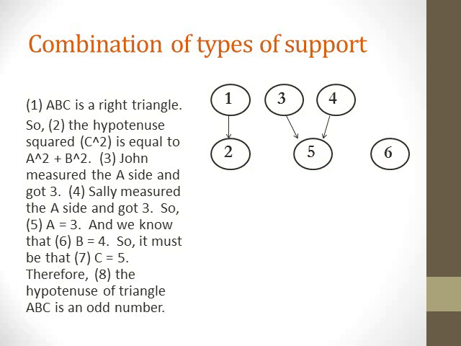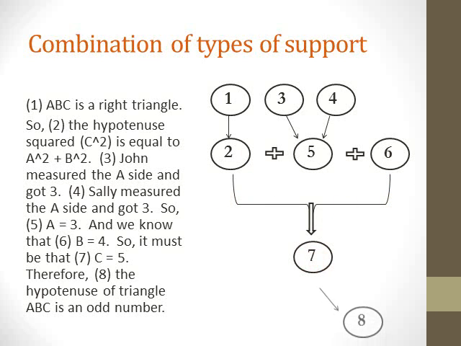And the answer is, of course, they need to be linked together in order to support 7. Only when 2, 5, and 6 are taken together do they support 7. And once we have 7, we get 8. So this is what the diagram looks like for this argument. Once again, as you can see, we have a combination of convergent support as well as linked support over here.